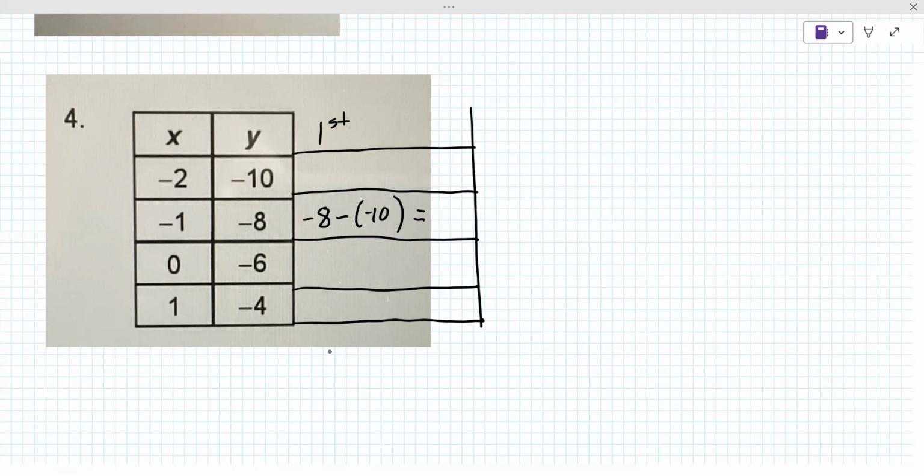What is minus 8 minus a minus 10? 2. It is 2. Then we go minus 6 minus a minus 8. What does that become? 2. Minus 4 minus a minus 6 is also 2. Since the first difference is always the same, this one is linear.